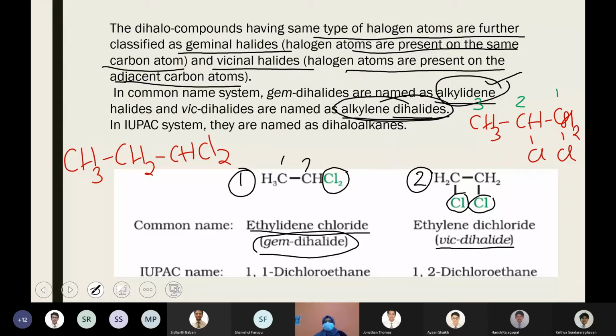Propylidene chloride, and the IUPAC name will be 1,1-dichloropropane, because you need to start the numbering in this way: 1, 2, 3. 1,1-dichloro, because both the chlorines are on the same carbon atom. So it will be 1,1-dichloropropane or propylidene chloride.